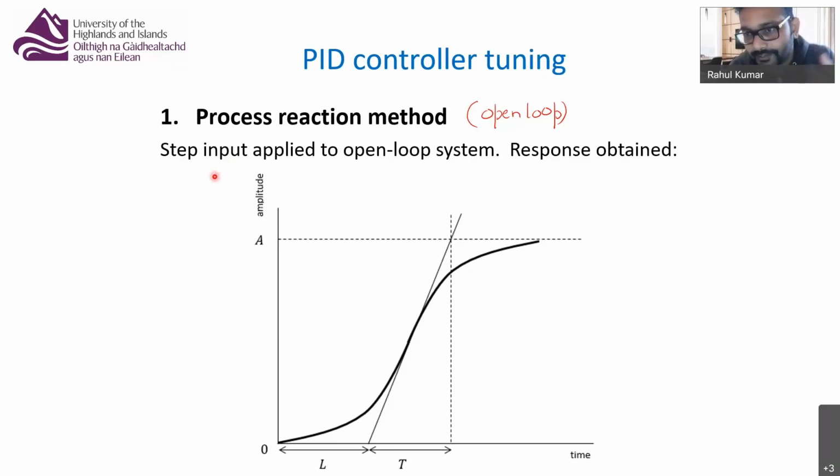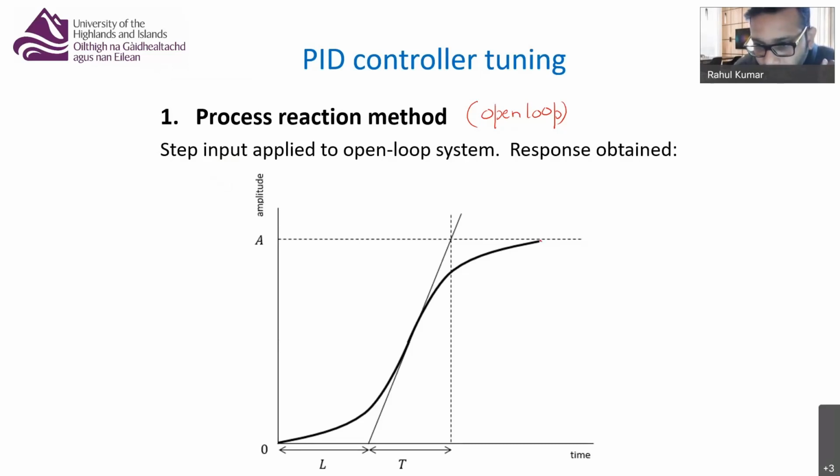Now we have to adjust the values of Kp, Ki and Kd. So before connecting the PID, first what we do is we send a step signal, step input, to the control system which we have designed. So it will produce an output something like this on your screen.